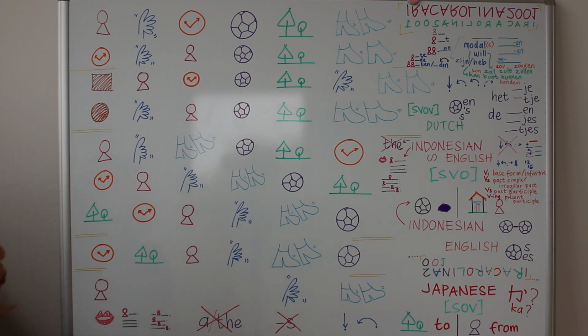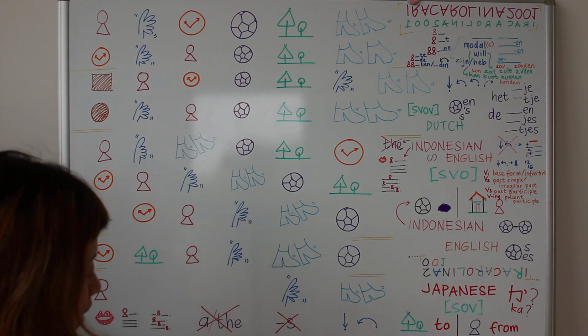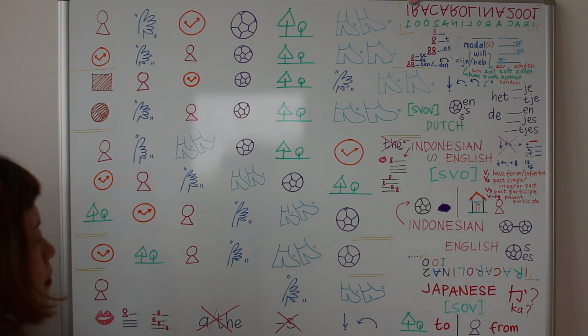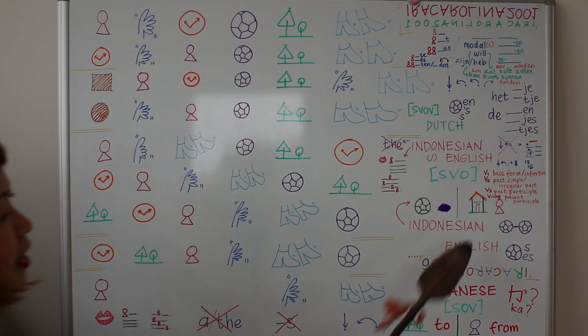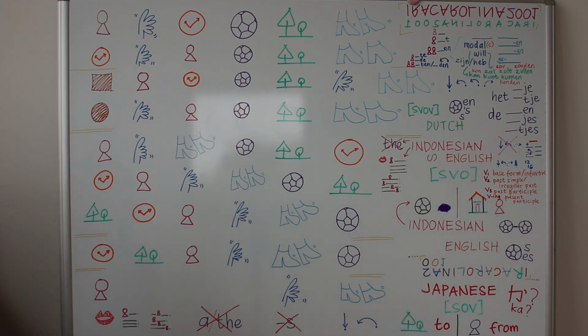In English, for the plural of a noun, you add S or ES. In Indonesian, you repeat the noun and then you put a hyphen in between to make the noun plural. But there is an interesting thing here.